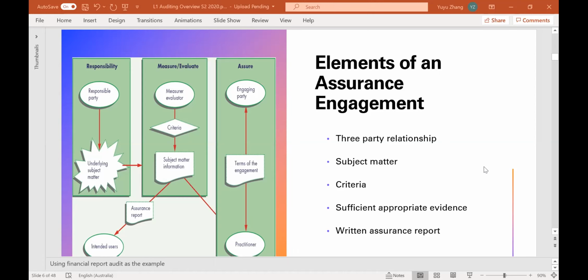For people who don't have accounting or auditing pre-knowledge, this concept is still quite complex and hard to understand. But have you ever read an audit report before?